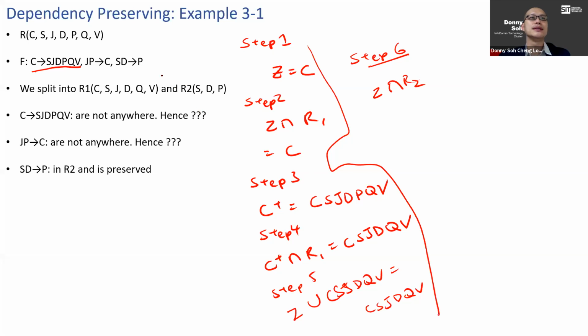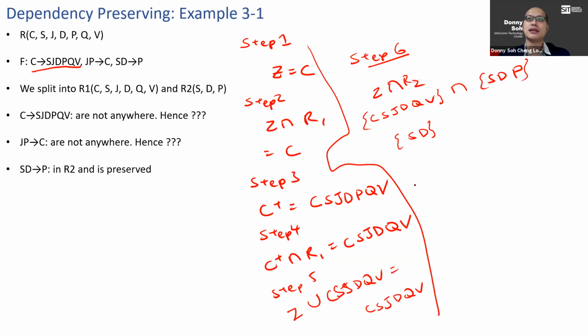So R2 is SD and P. So Z is CSJDQV intersect with SDP, intersect with S, maybe like that, clearer. So this will give me S and D.